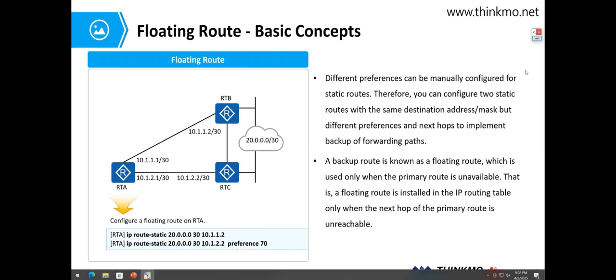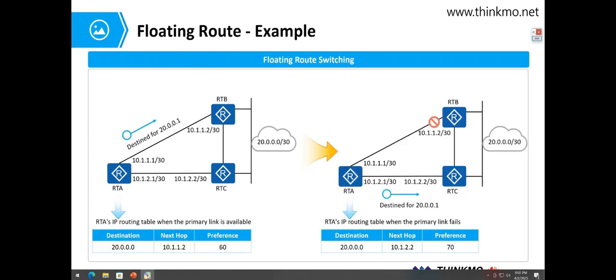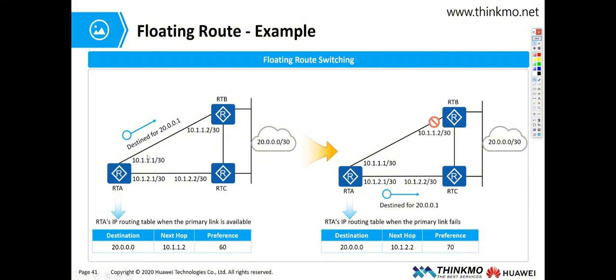For example, let's take a look at a case here. If the link between RTA and RTB is normal, then in our routing table, the next hop is written as 10.1.1.2 with a priority of 60. If we also wrote another one with a priority of 70, since 70 is not better than 60, it will not appear in our routing table.